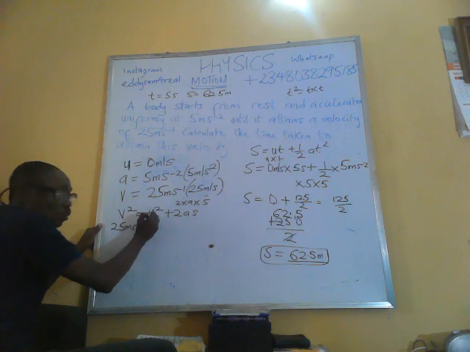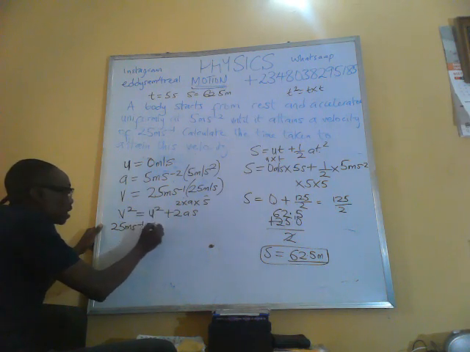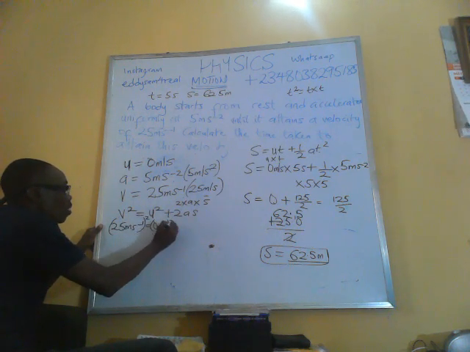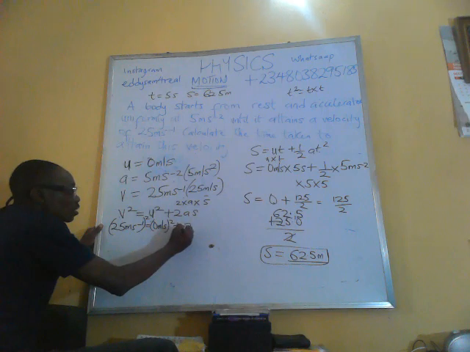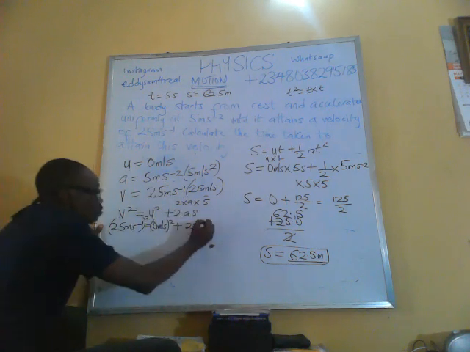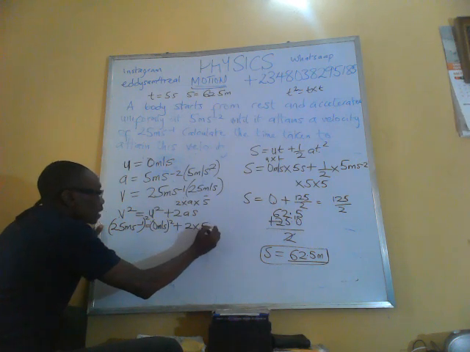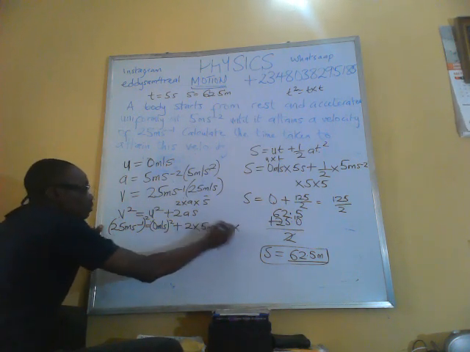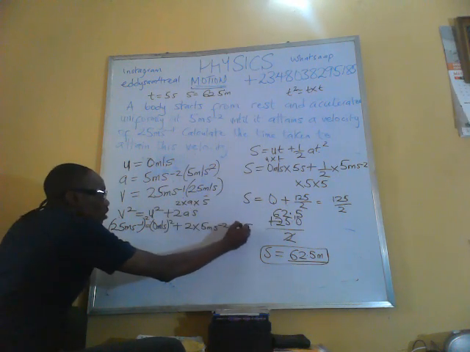So 25 squared equals initial velocity squared, which is 0 meters per second, squared, plus 2 times a, which is acceleration, 5 meters per second squared, times s, which we don't know.